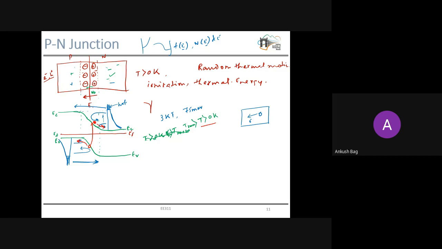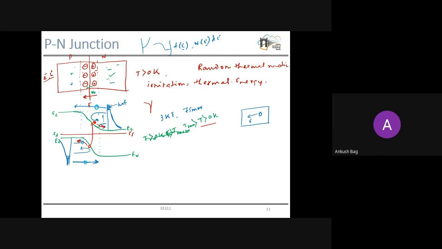Now see, this electron is going from right to left, and this electron is going from left to right. Similarly, this hole is moving from right to left, and this hole is moving from left to right. This is due to the electric field or the built-in potential, and this built-in potential arises due to these immobile charges, and we have this band bending.